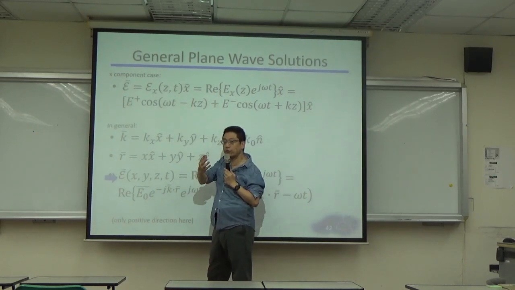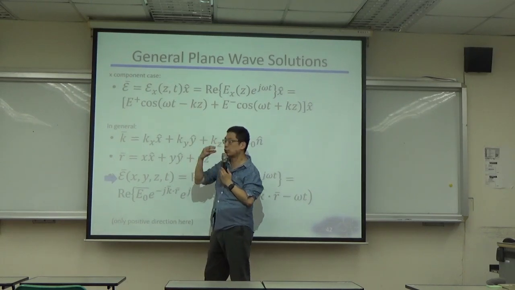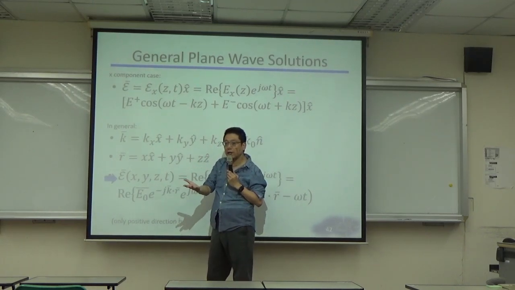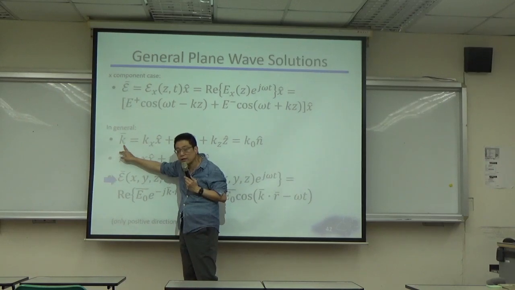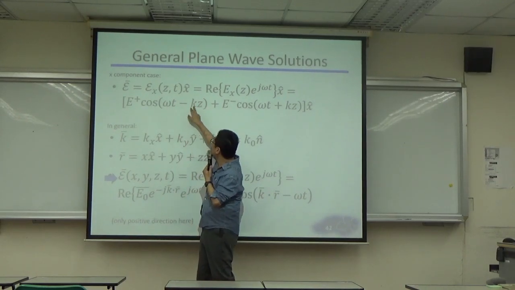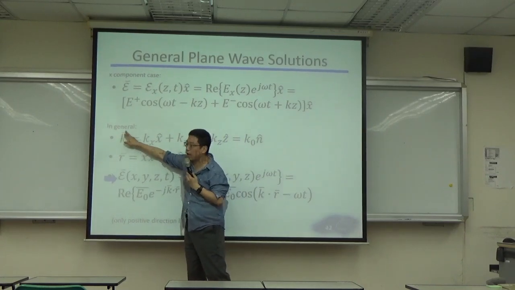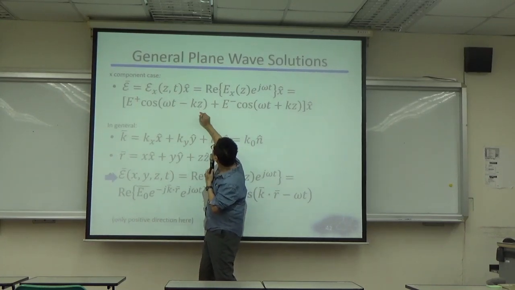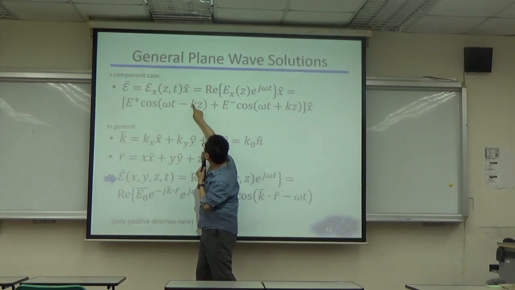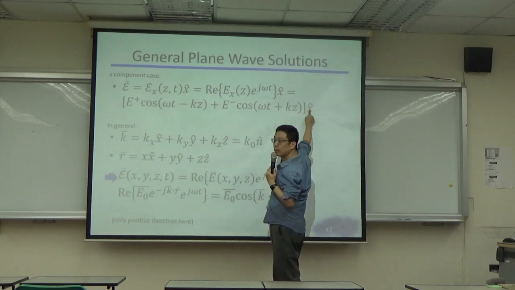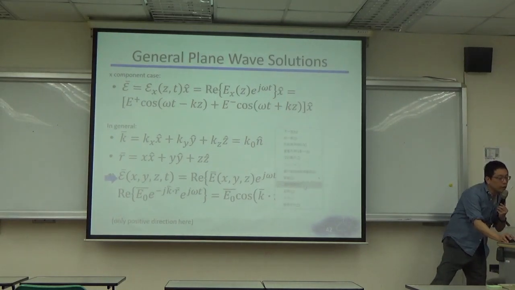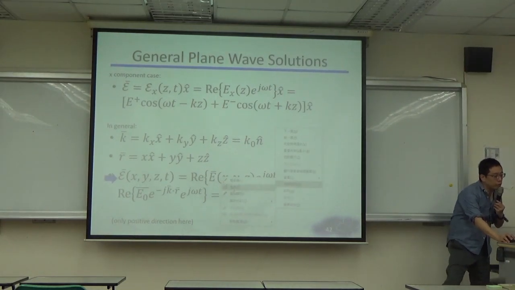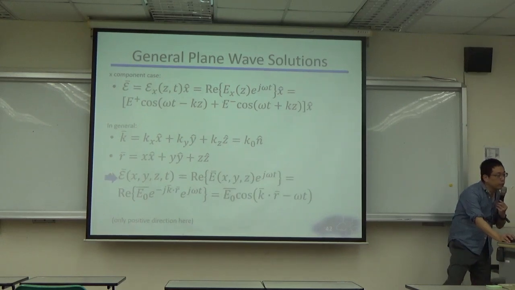There is another way to describe this in 3 directions, X, Y, Z. You can use the vector K instead of your scalar K, and then your vector K equals this part multiplied by your unit vector X. For this equation, you have this part multiplied by X, right?